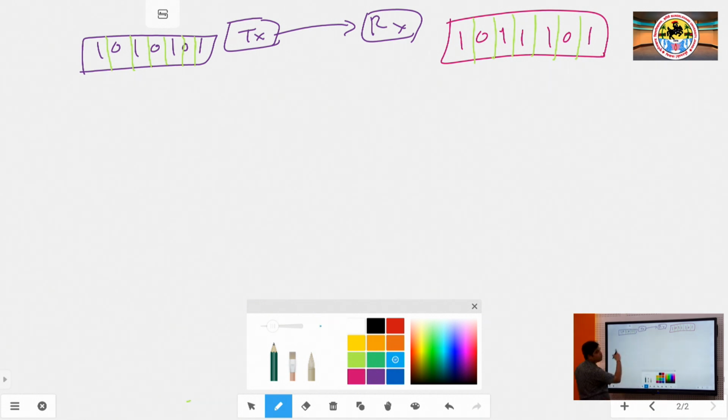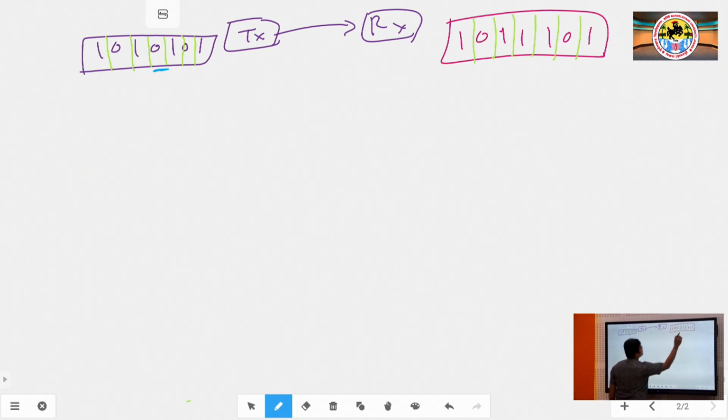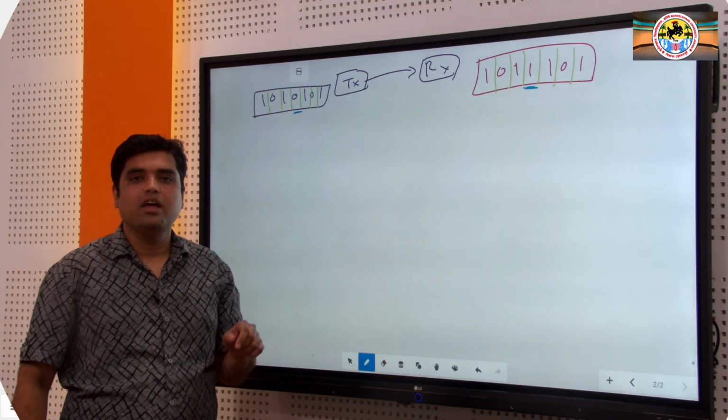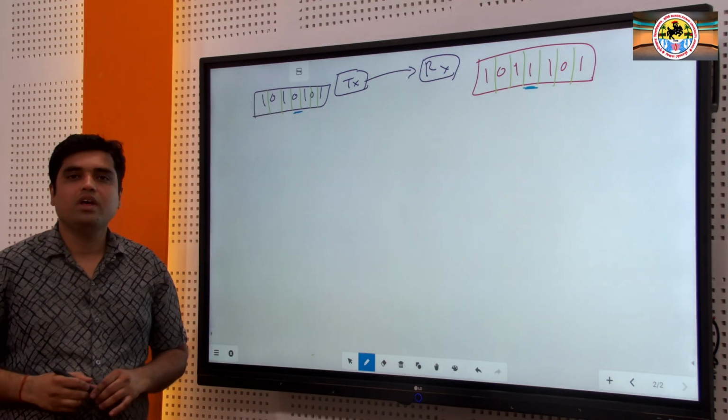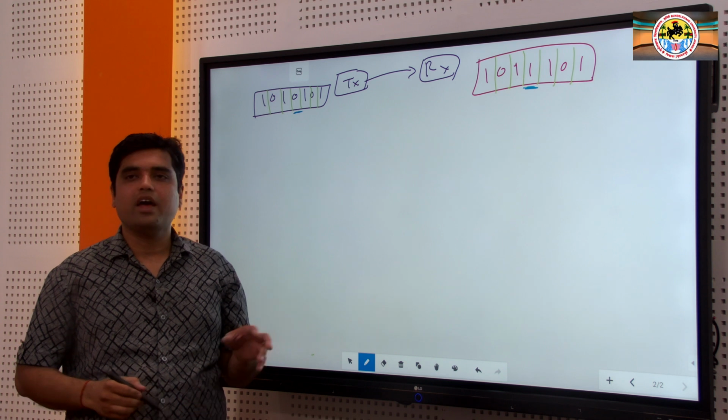If you compare both these data, you can see that this bit has an error. Actually, I know because I inserted the error. Now, we are going to see how the receiver end can detect and correct this error.